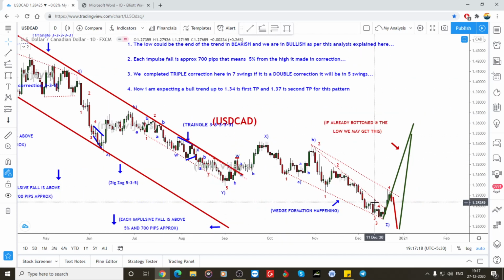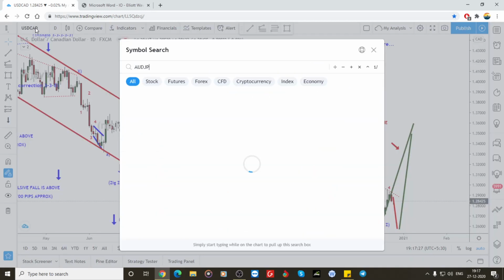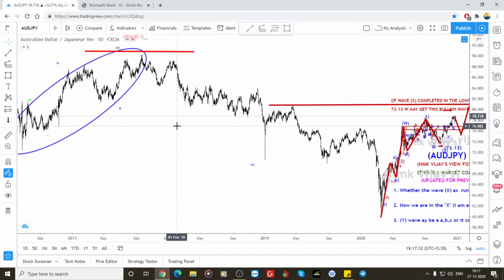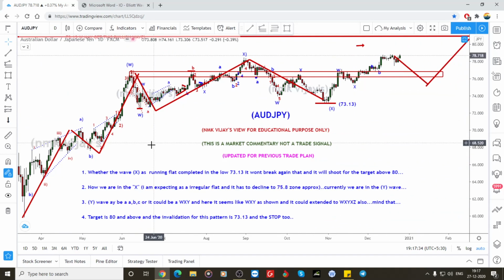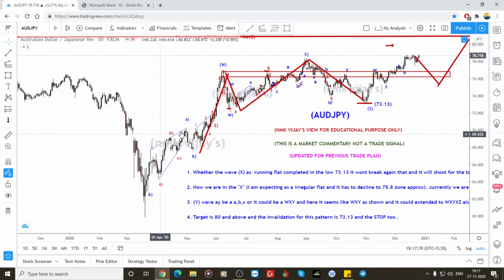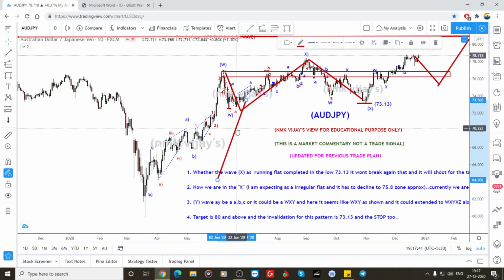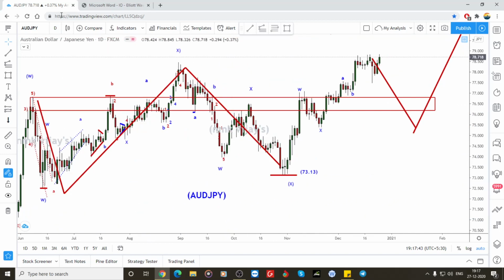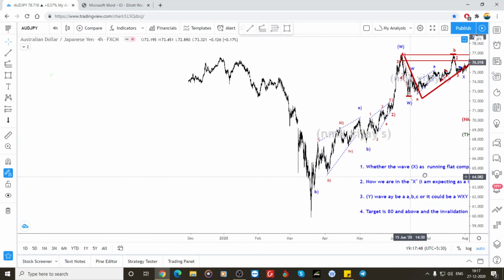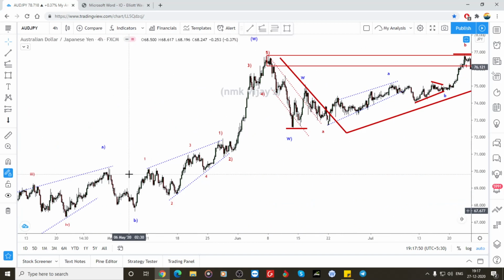That is very useful, but sometimes if it is bullish it can make an overshoot also. That I will show you in AUD/JPY. Here, see in the 4-hour chart, this is a perfect wedge formation, right?